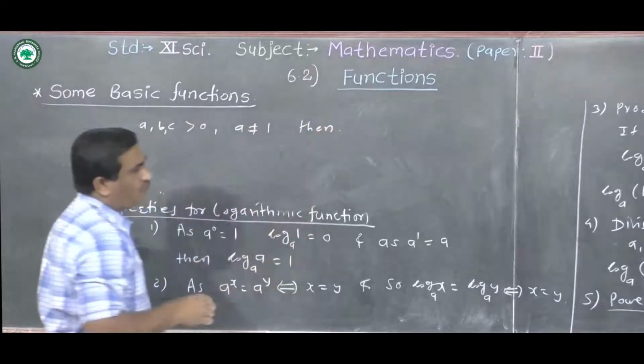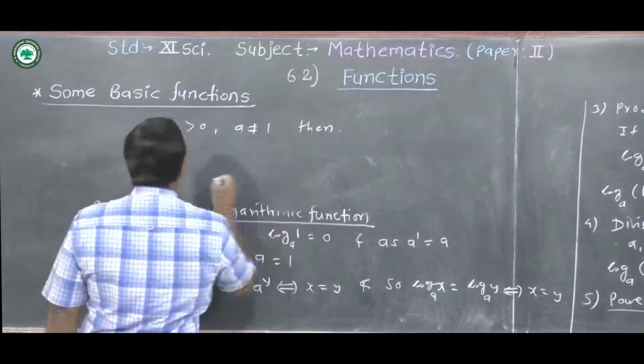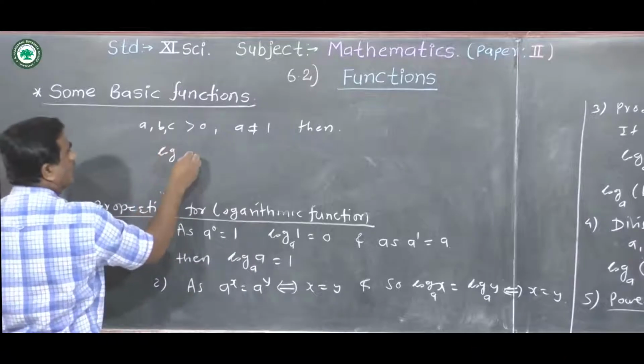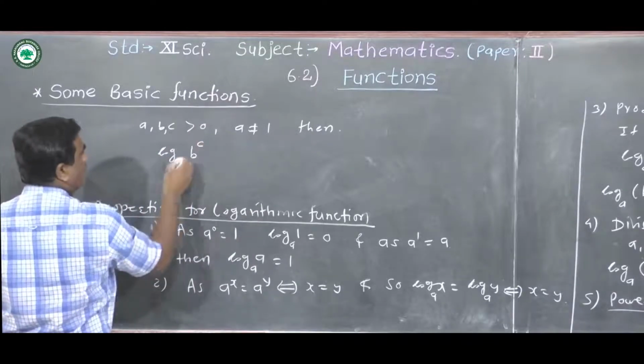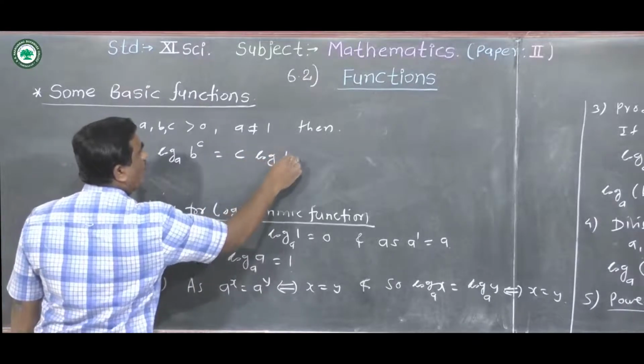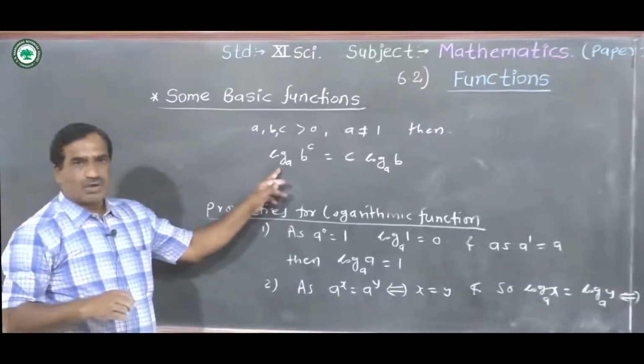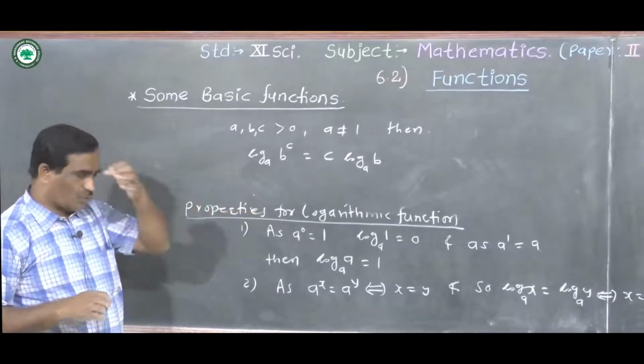Then the power or exponent rule is log of b raised to c to the base a is equal to c into log b to the base a. This is the exponent rule or power rule for the logarithm.